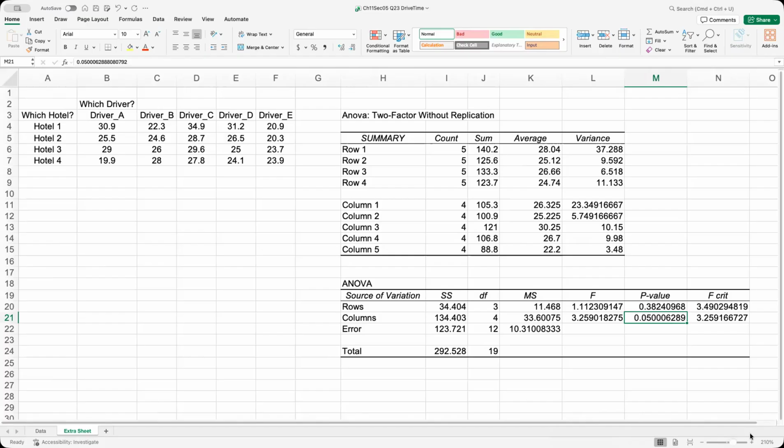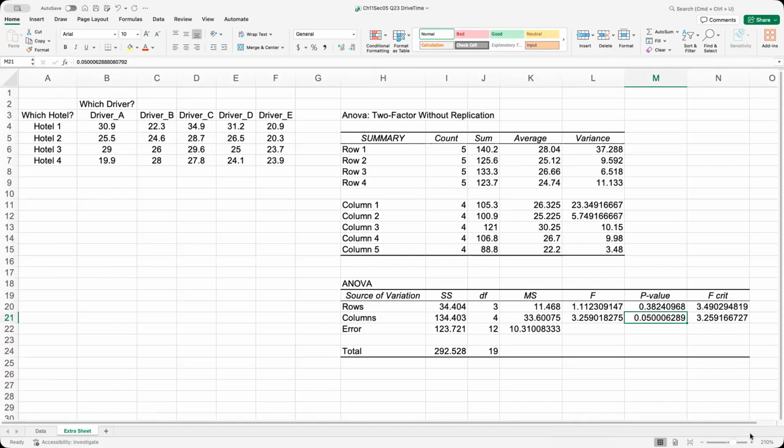This is just barely bigger than 0.05. It is 6/10,000ths of a percent. By the skin of our teeth, we are not rejecting this null hypothesis. No, drivers don't matter. I would wager that if we had more information, perhaps more samples per driver, then I might actually be able to show something did matter.